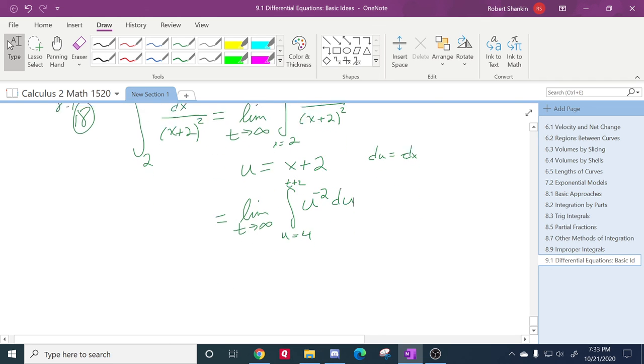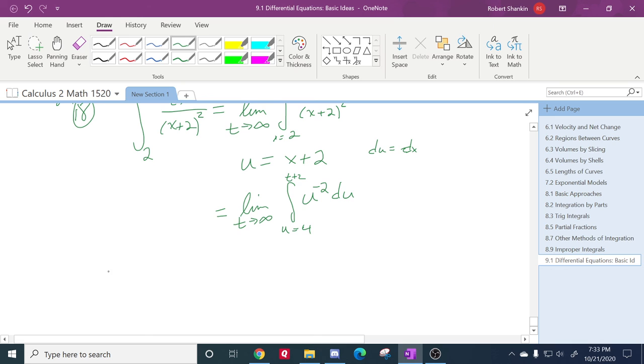So this integral is equal to the limit as t approaches infinity of u to the negative 1 over negative 1. The negative sign I can pull out in front, and that's evaluated from 4 to t plus 2.